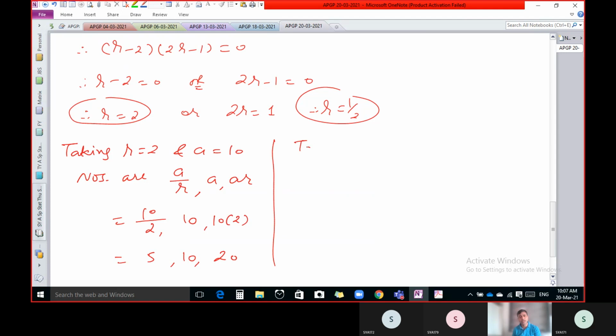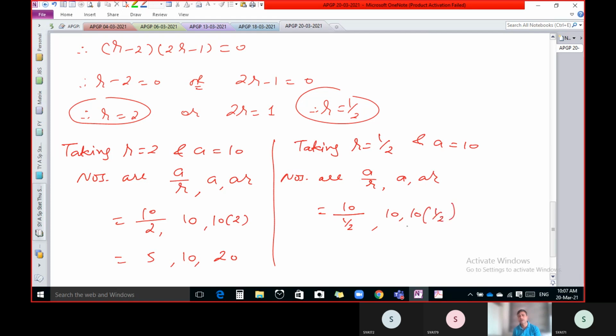If we take r equal to 1 upon 2 and a is 10, we get the same numbers but in reverse order: 20, 10, 5.